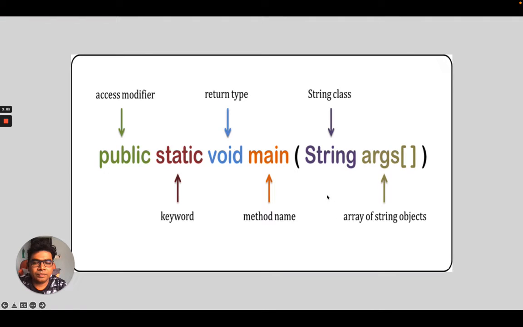Now, we have seen why we need public static void main. Let's see what these things are. In Java, public is the access modifier, similar to public, private, protected.